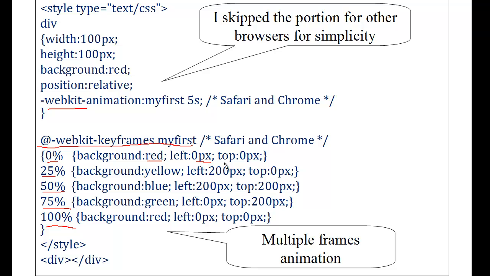Position, left top is 0, 0, then becomes yellow, then moves, becomes 200, 0, becomes blue, moves 200, 200, becomes green, 0, 200, and becomes red. Let's actually see the demo, to make better sense.